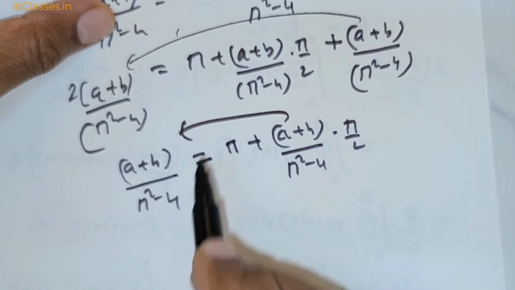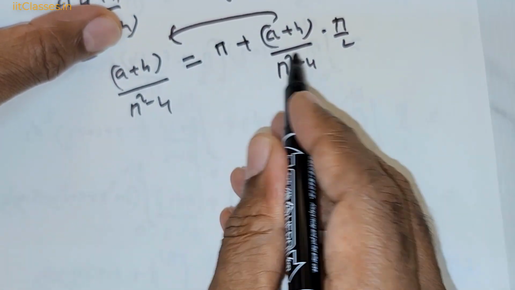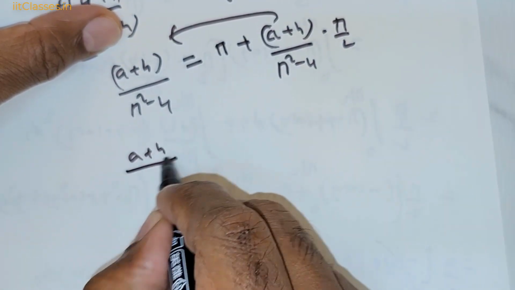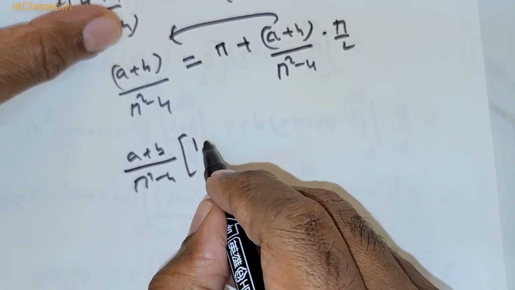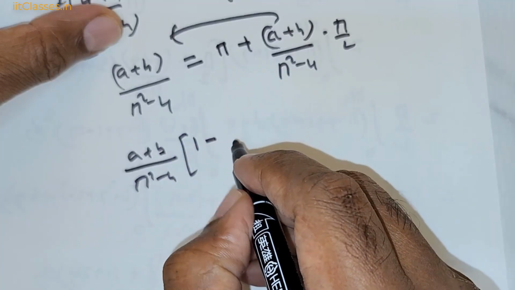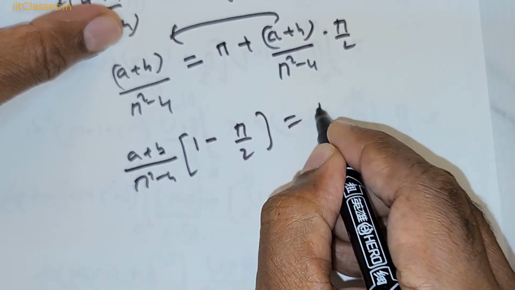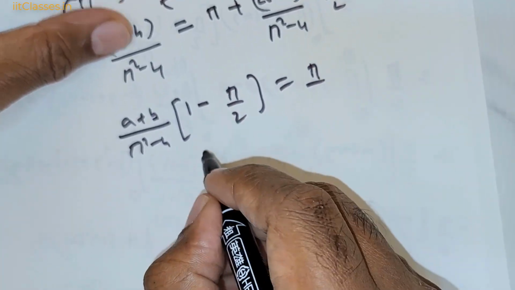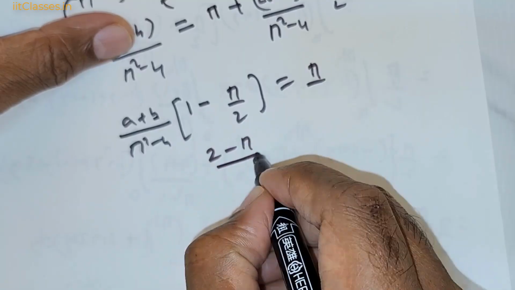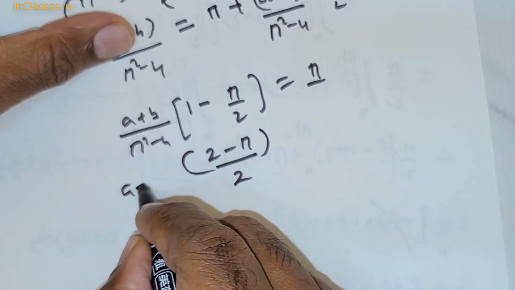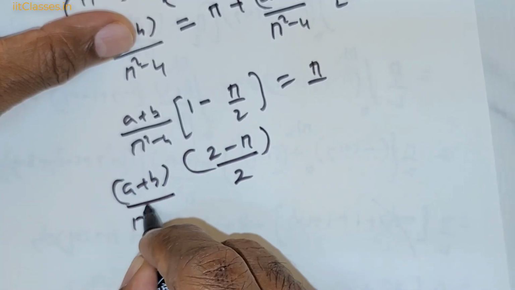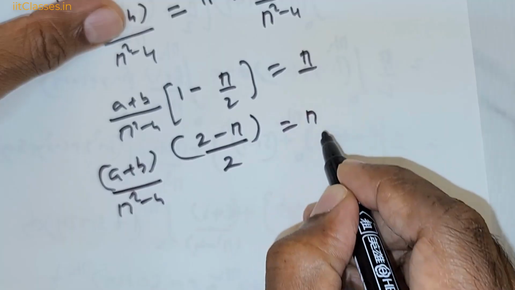So you now move this. If you move this over here, you have a positive b divided by pi squared negative 4. That's one term. Followed by 1 negative pi over 2 is equal to pi. This is the next term. So from here you get 2 negative pi over 2 times a positive b times pi squared negative 4 is equal to pi.